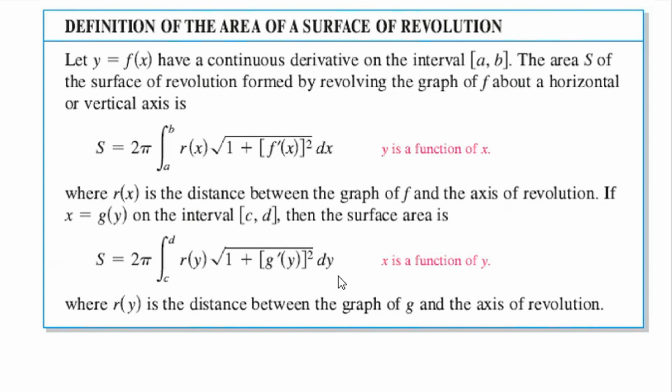In this equation, x is a function of y, where r of y is the distance between the graph of g and the axis of revolution. So let's try to utilize the formulas given in this definition of the area of a surface of revolution.